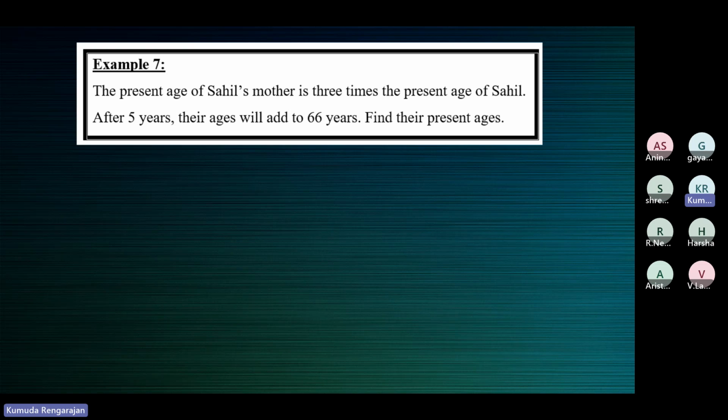What is given? The present age of Sahil's mother is 3 times the present age of Sahil. So we'll assume Sahil's present age should be x. Let Sahil's present age be x years.